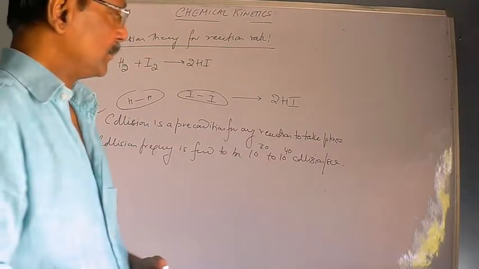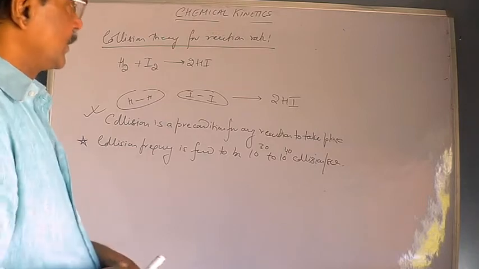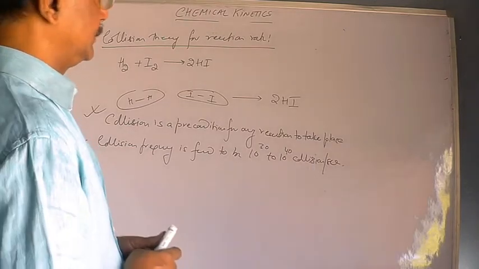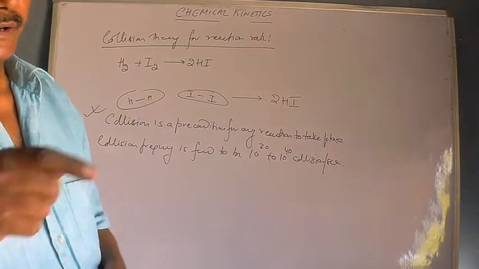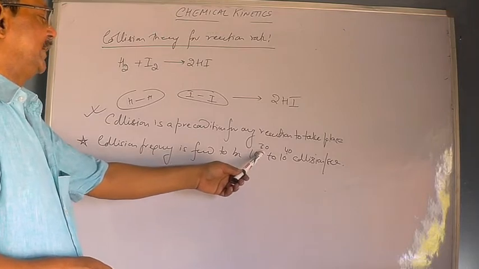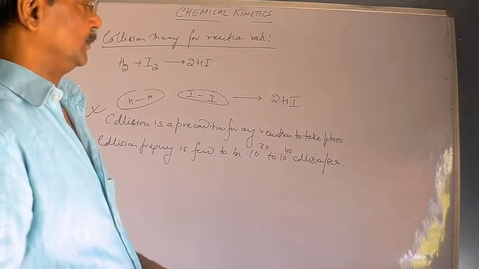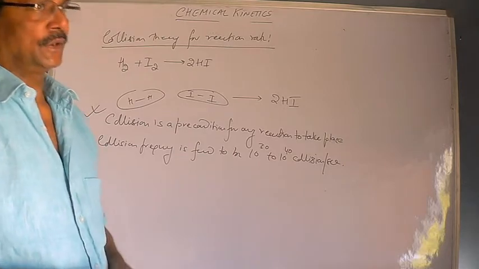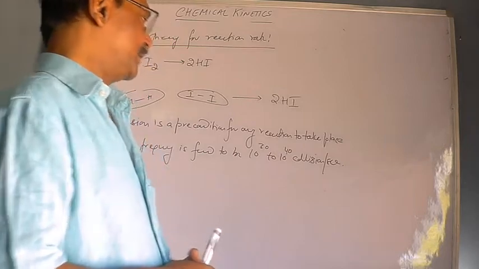Class, remember, there were three types of reactions. Very fast reactions, we are not studying. Very slow reactions, that also we are not studying. What we are studying is the moderate reaction. And in moderate reactions also, we find that the collision frequency is very high, ranging from 10 to the power 30 to 10 to the power 40 collisions per second. So class, the collision frequency is very high, still the reaction takes place at a moderate rate.